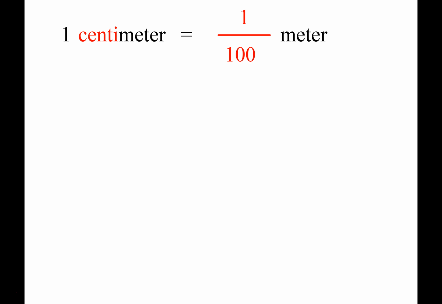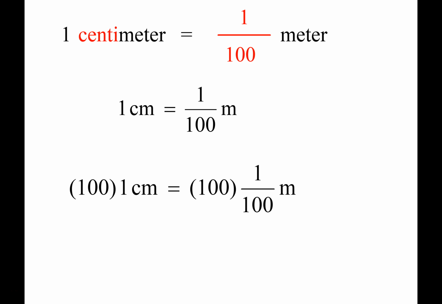Okay. So there's that. Now I'm going to do something a little bit, it's not magic at all, but I don't like fractions like this. So this slide's going to show you at the bottom another way to look at the relationship between a centimeter and a meter. One of the things you know in algebra is that you can multiply both sides of the equivalency statement by the same thing and you haven't messed anything up, right?